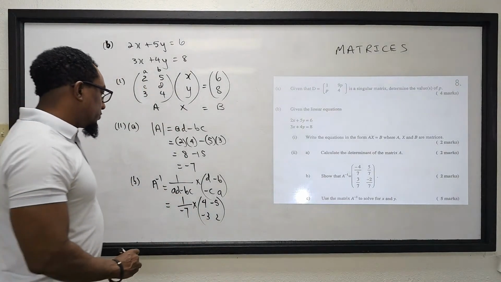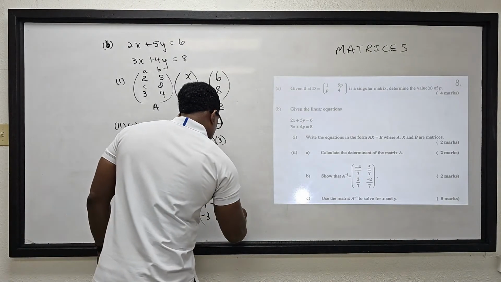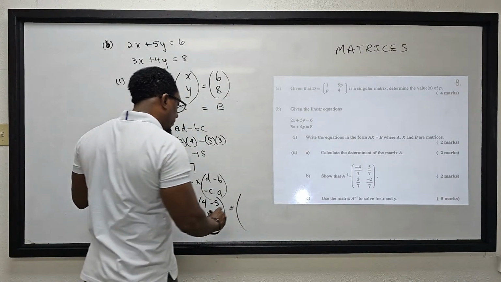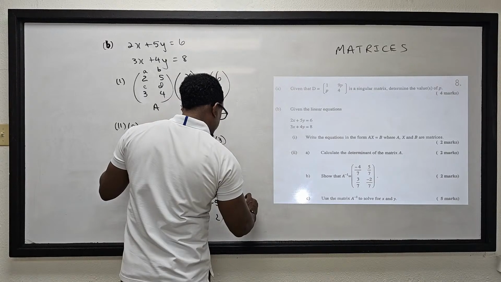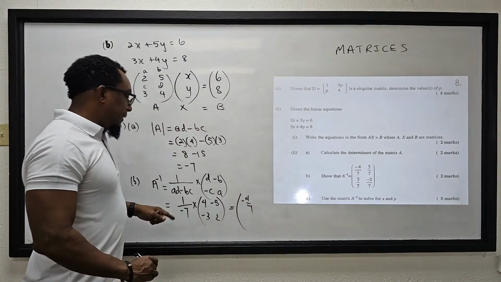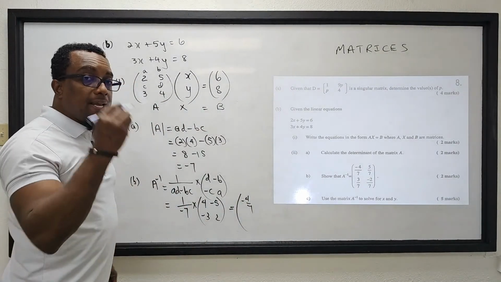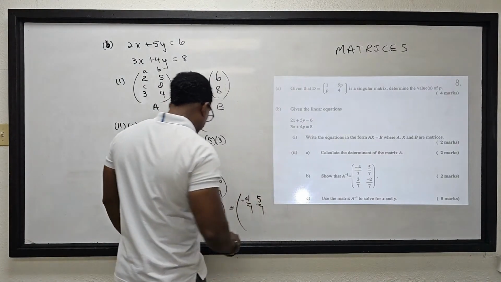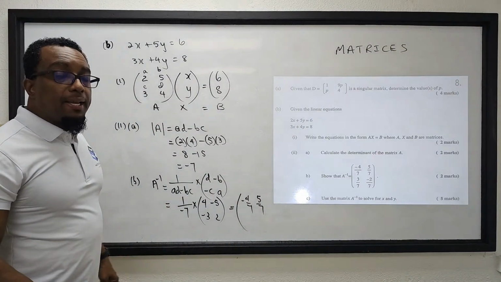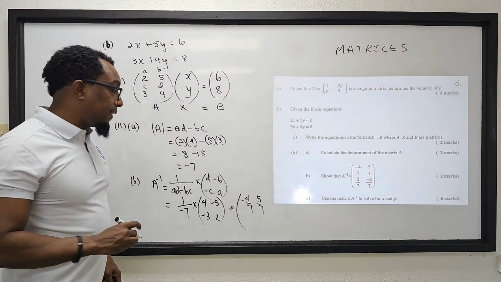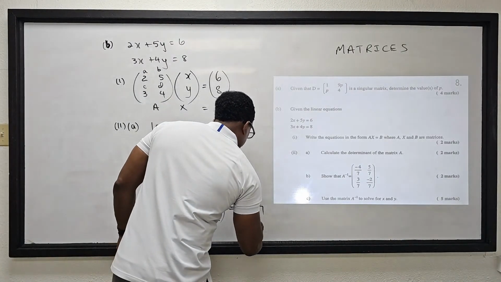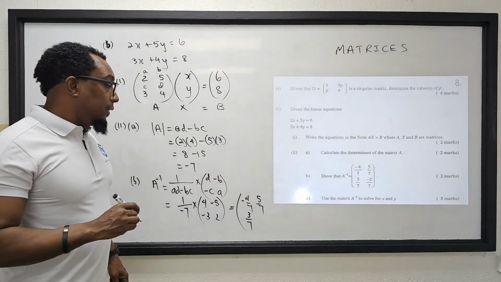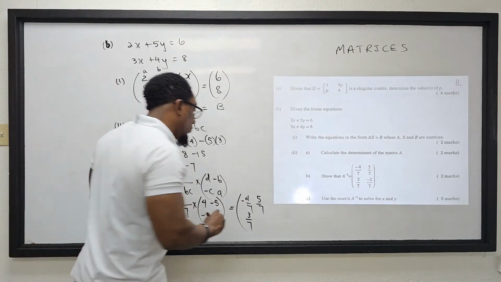And let's multiply. This will become 1 over negative 7 scalar by 4 is negative 4 over 7. 1 over negative 7 by negative 5 will be negative 5 over negative 7, which is positive 5 over 7. 1 over negative 7 by negative 3 is negative 3 over negative 7, which is positive 3 over 7. 1 over negative 7 by 2 is negative 2 over 7.